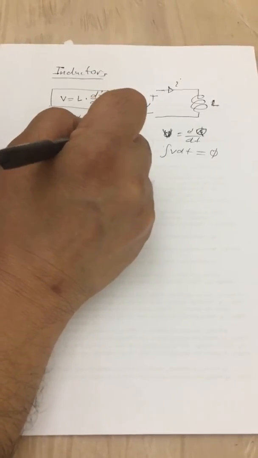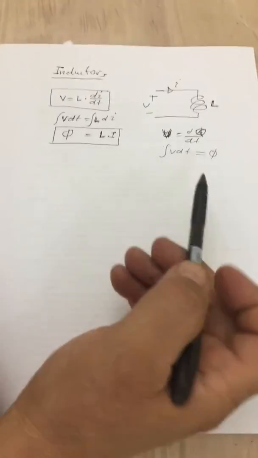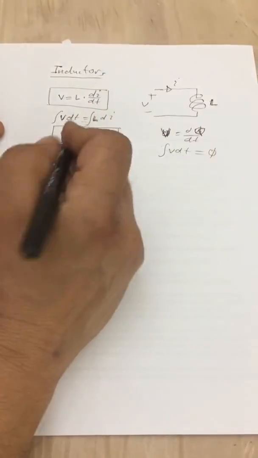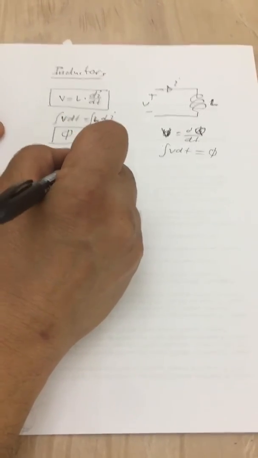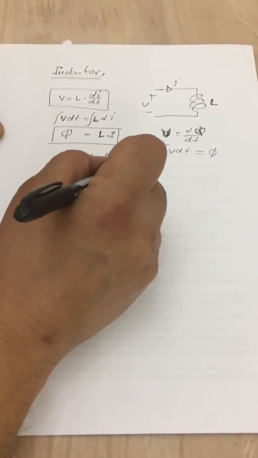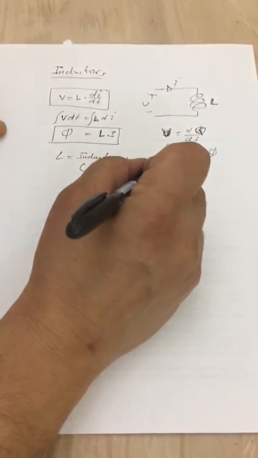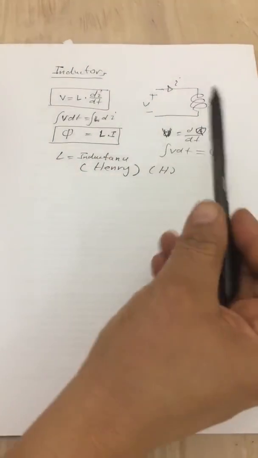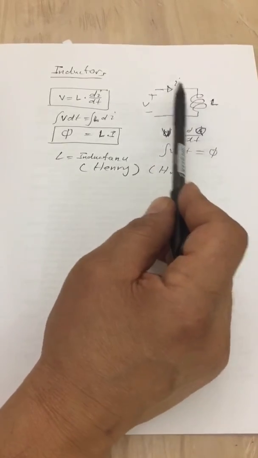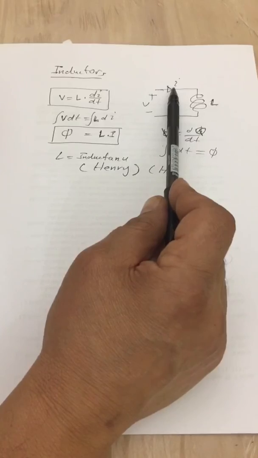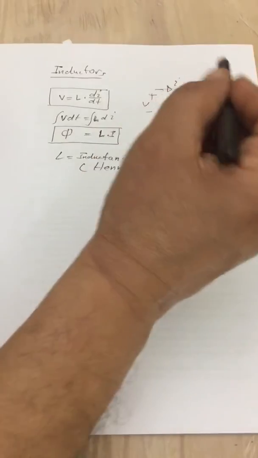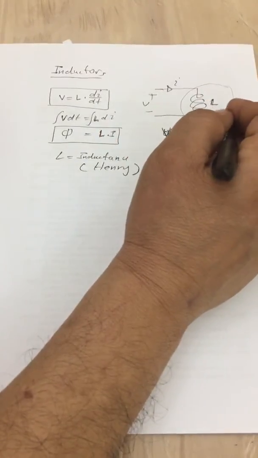So this is basically the relationship between a current and a flux, which means that if we have an inductance L, the units is in Henry, or H. So if we have a coil of inductance L and we pass a current I amps through that inductor, then we create a flux.